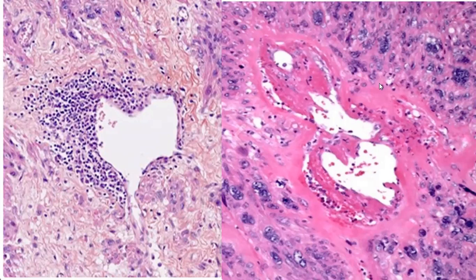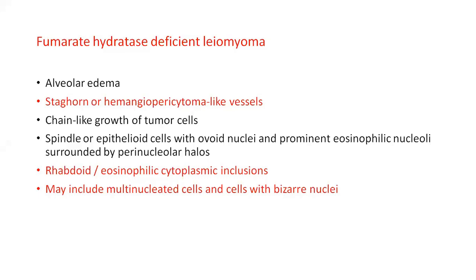There are some other features, such as staghorn vessels and a few minor features, present in fumarate hydratase deficient leiomyoma, which we will discuss further, but those features will not be present in the leiomyoma with basal nuclei.